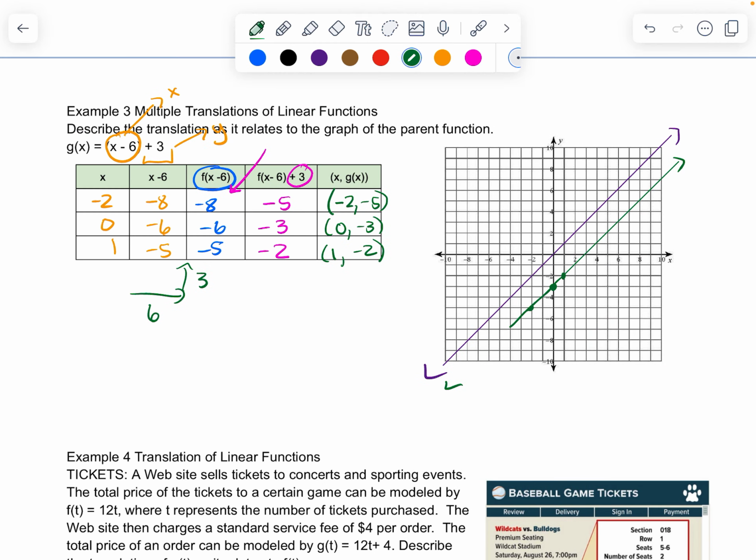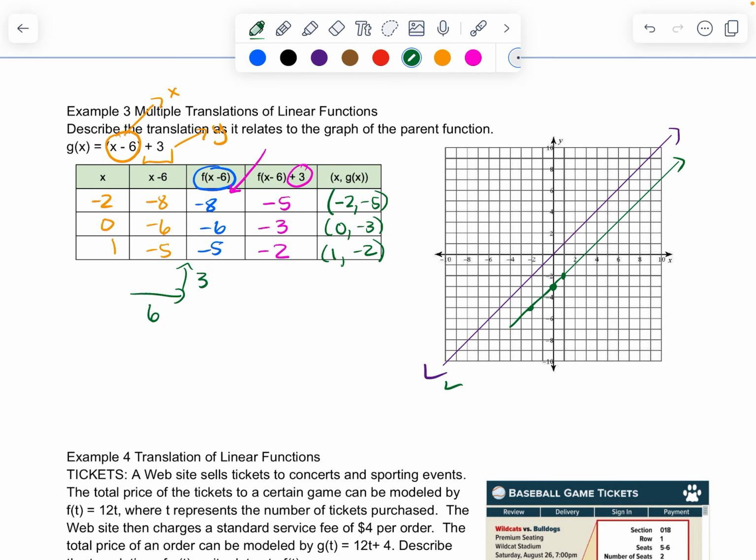Okay, so if I look at the original one, it's here: -8, -2, -4, -1, 0, 0, 4, 1, and 8, 2.